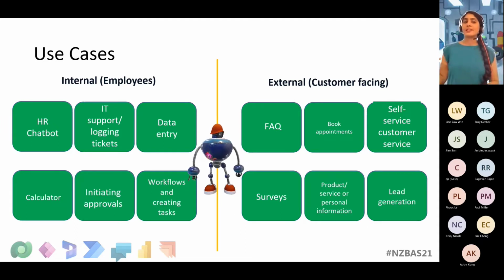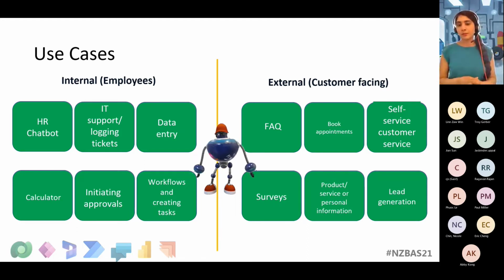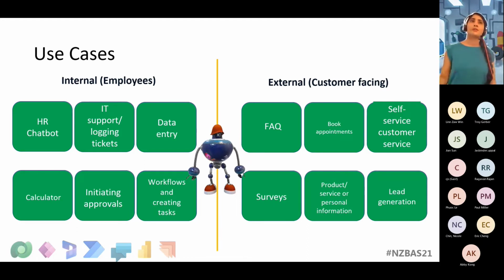Then if we look at some external scenarios, most often this would be used as an FAQ, perhaps on your website for your customers and your visitors to go and ask. Booking appointments, you can use it to automate all that. I know this is probably the most popular way I've used a bot myself.